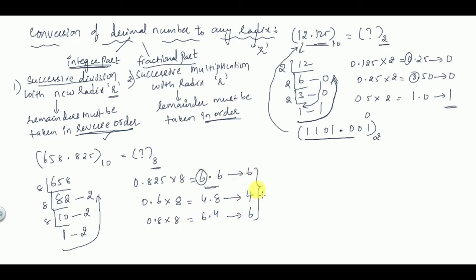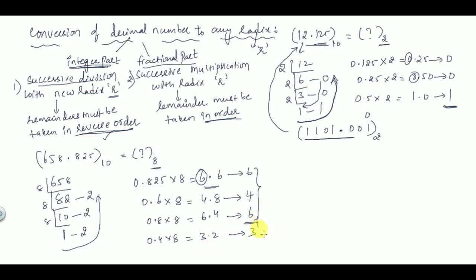So you may stop like this, or if you have a repeated remainder you can stop there, or if you are writing some competitive exams, choose from the given options. If the option consists of 4 numbers after the decimal point, then you have to convert one more term, like 0.4 into 8 is 3.2, so you get 3 here.